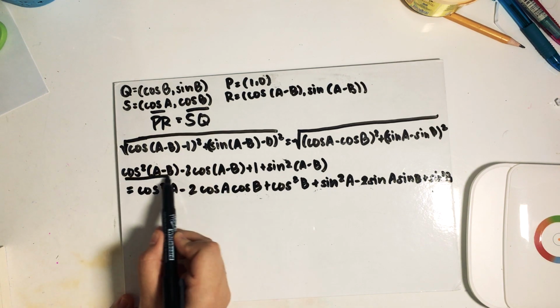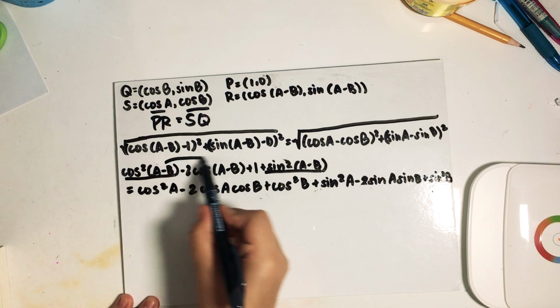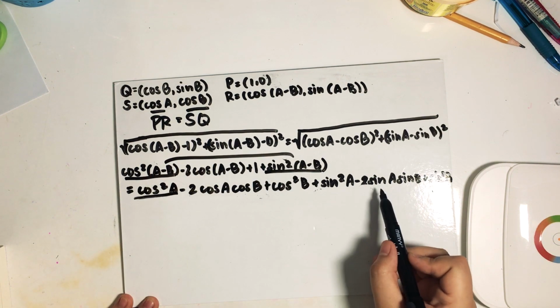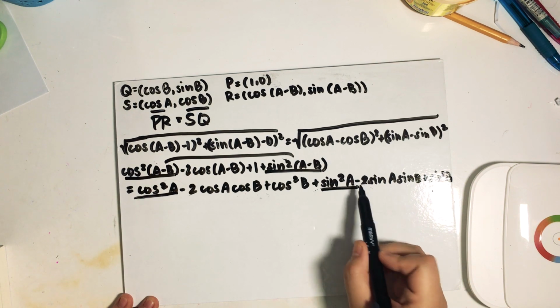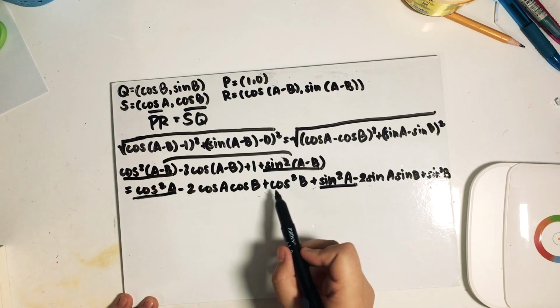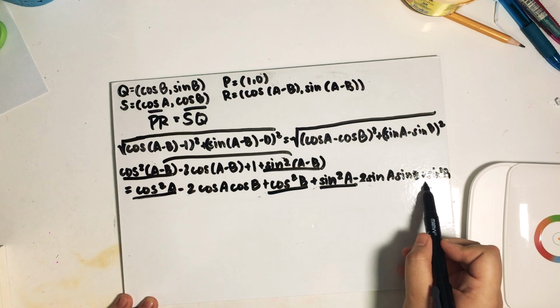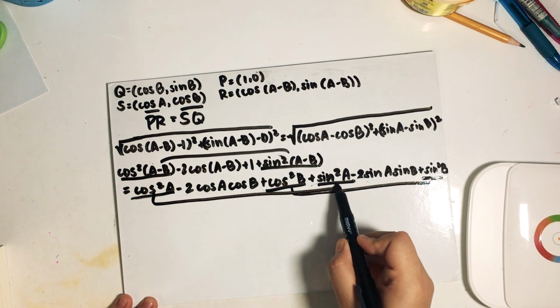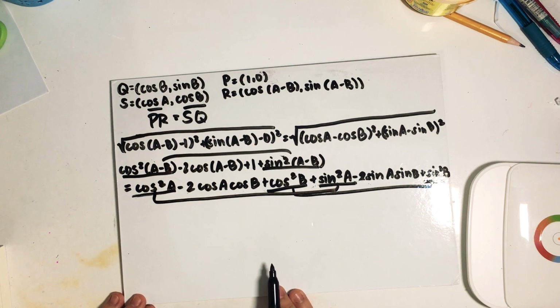So this will be combined with this. That's 1. And this will be combined with this. And also this will be combined with this. Those will be formed as a value of 1.